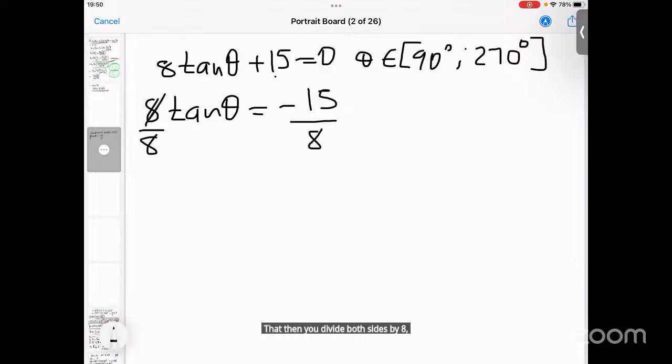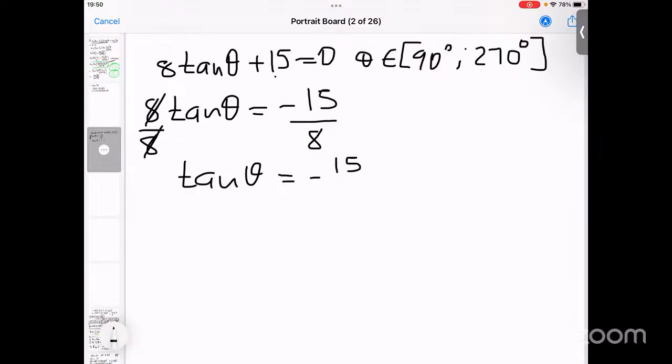Then that 8 cancels. Then you have tan of the angle equals negative 15 over 8. So the question is, what is the ratio for tan? Definitely the ratio for tan will be y over x.